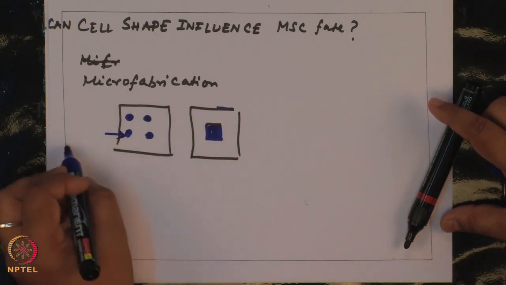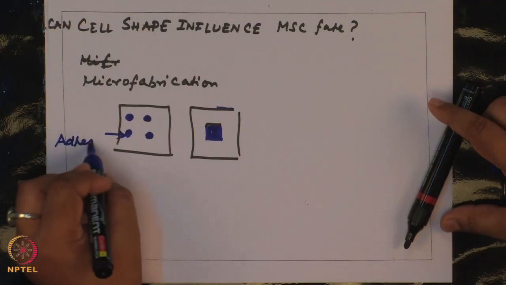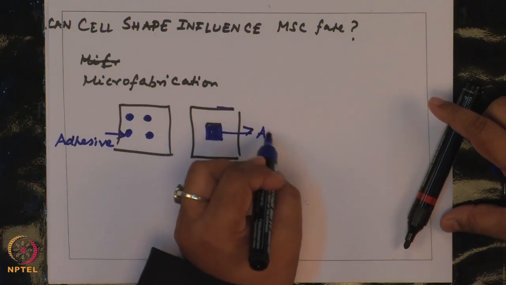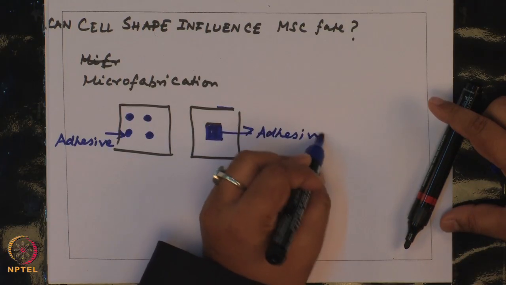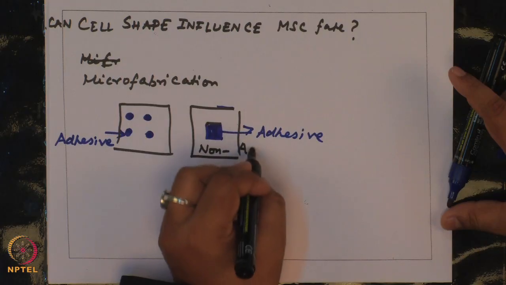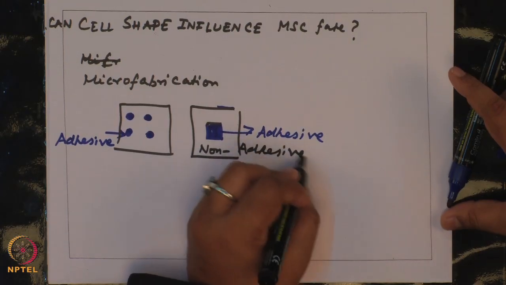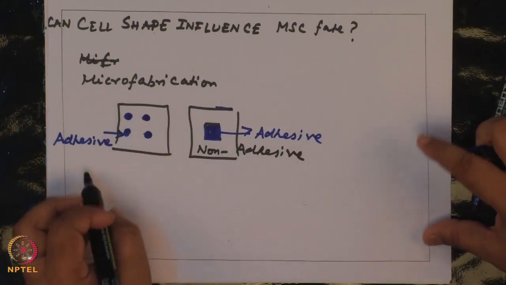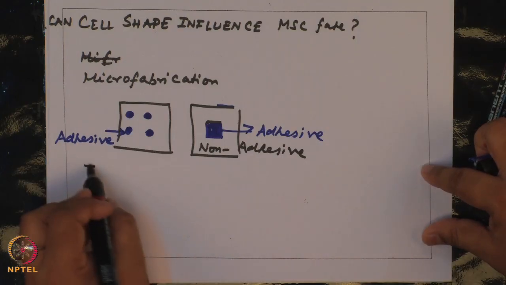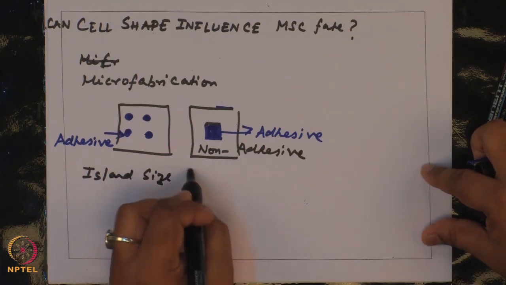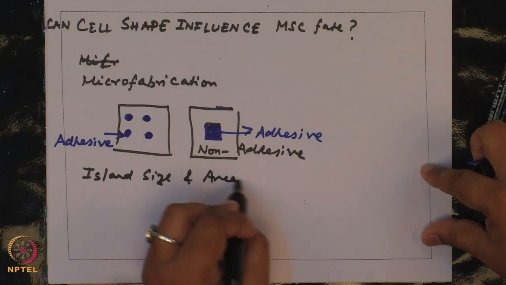So, these areas are adhesive, and this area is non-adhesive. What they changed was the area of the island. So, island size and area were changed.